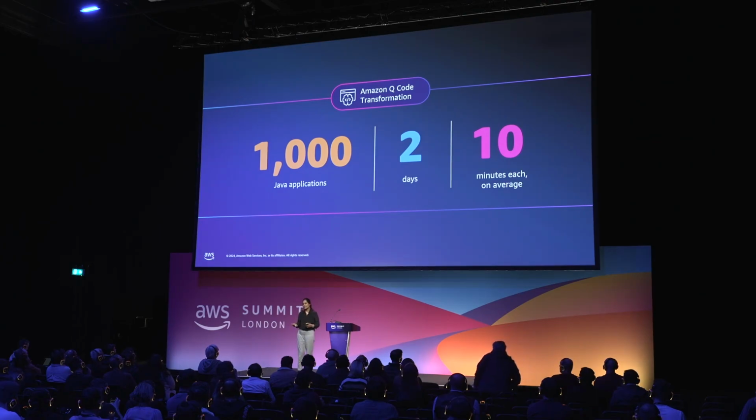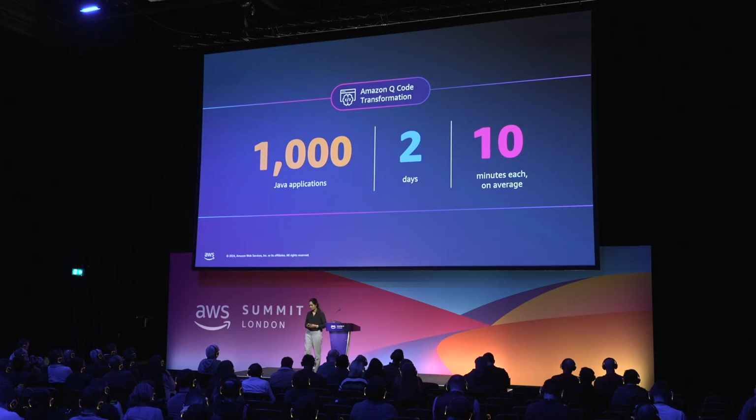So this explains that previously, developers could have spent somewhere between 2 to 3 days in upgrading a single application. We believe that this is going to be a game changer in freeing up your time so that you can focus on what's more important for you and the organization.